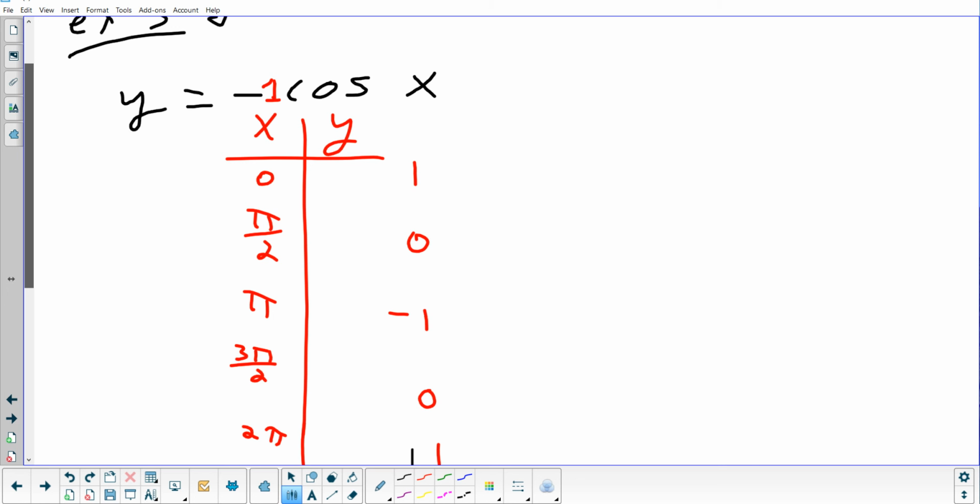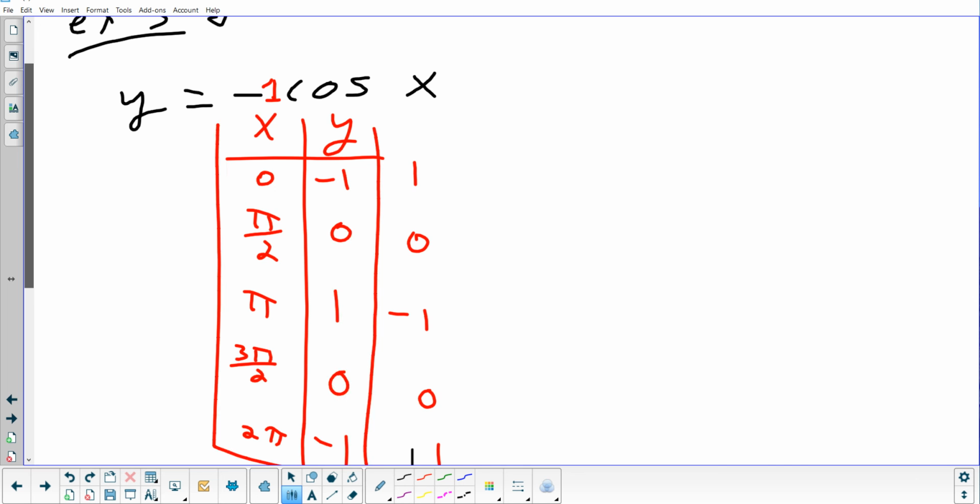And Julia, what are we going to multiply them all by? 1. Well, if we multiplied them by 1, they would stay the same, and then nothing would happen. -1. Multiply by -1. Okay, so we're going to multiply them all by -1. And there's your table.